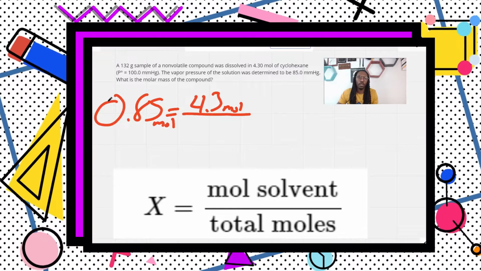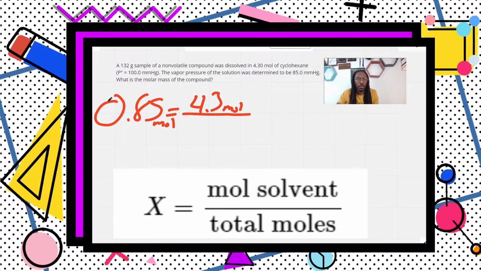Now we want to determine the total moles of this solution. Because once again, we have this 132 gram sample, but it's asking for the molar mass of the compound. So we really have to determine what our total moles are right now.